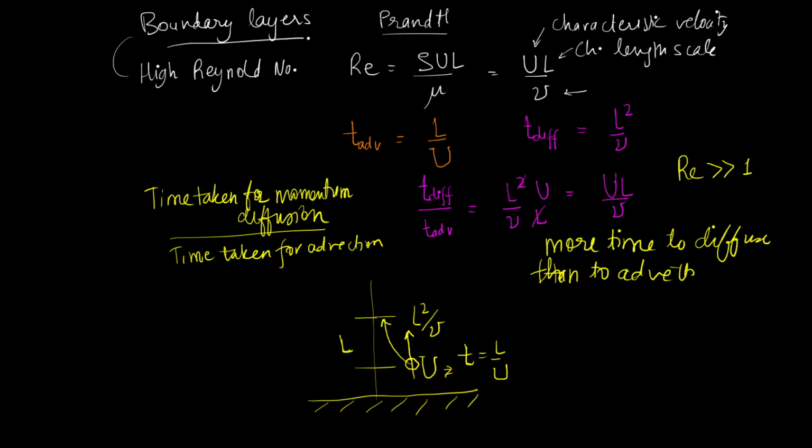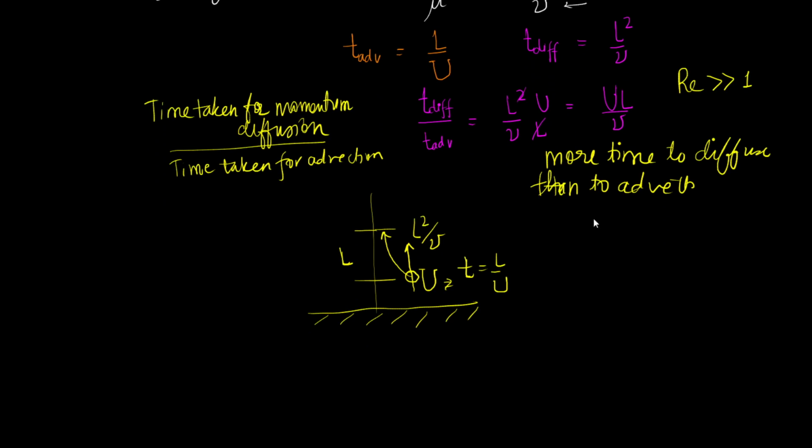What do we mean by that? It means that for momentum to diffuse, it takes much more time than for the momentum to be advected. Momentum can be advected or momentum can be diffused, and it takes more time for it to diffuse than to be advected.